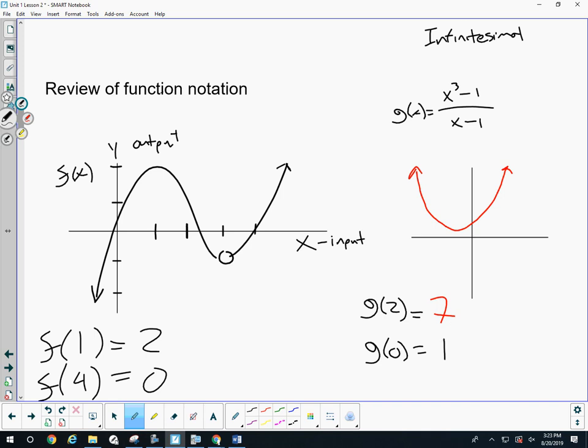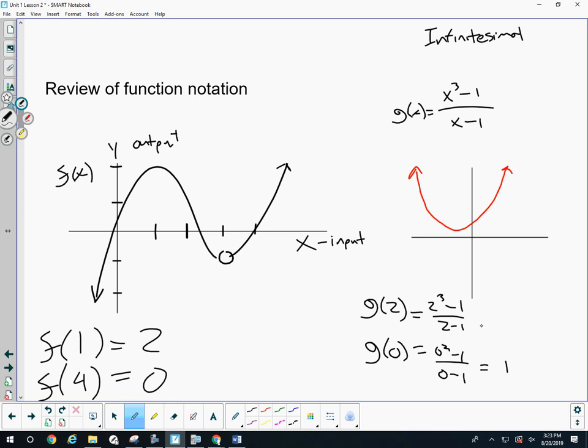Now your calculator could do that for you. Okay, we did it by hand for both of these. We could do it by hand. We don't need a calculator for these easy calculations.